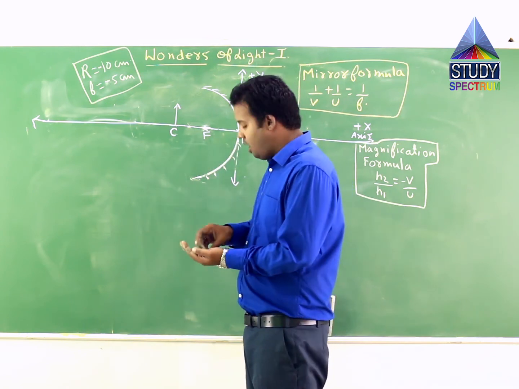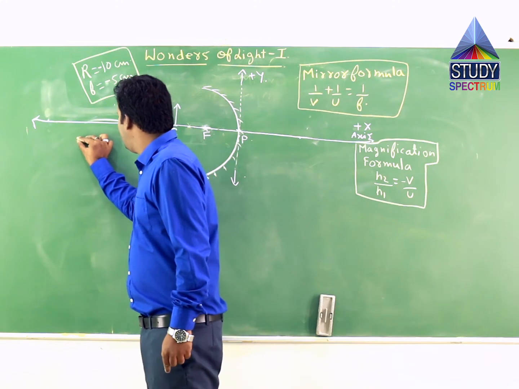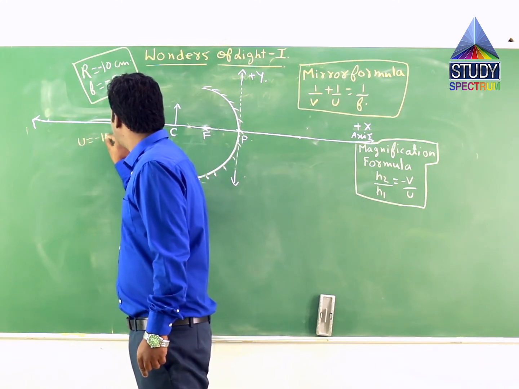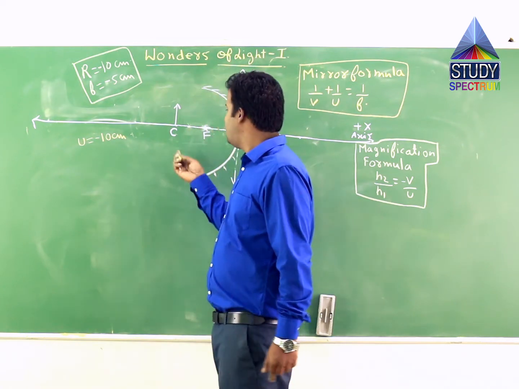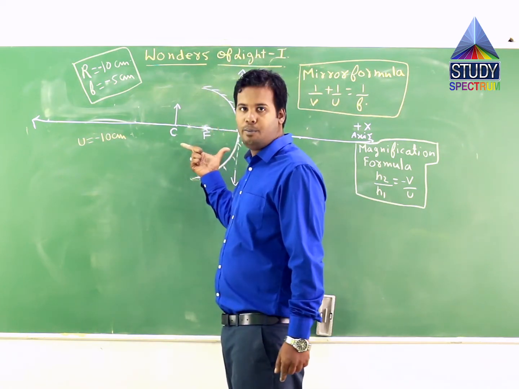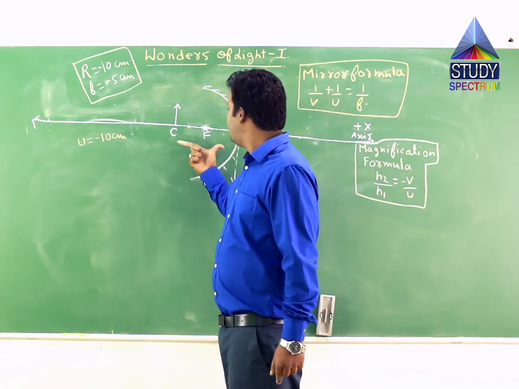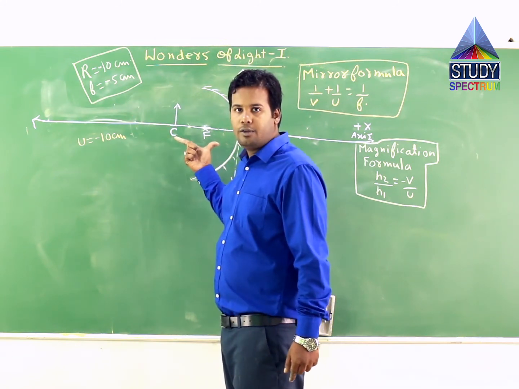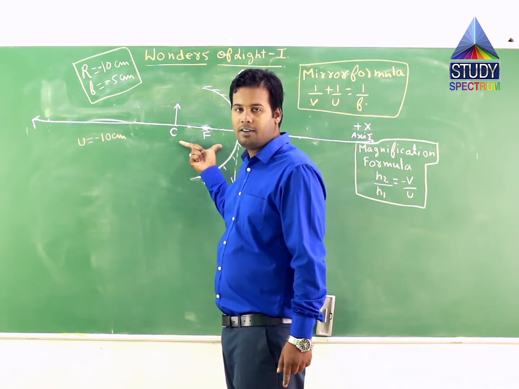Now we will take u as minus 10 centimeter itself. Why? Since the distance of C from P has magnitude 10 centimeters, it should be minus 10 centimeters since it is on the negative x-axis.